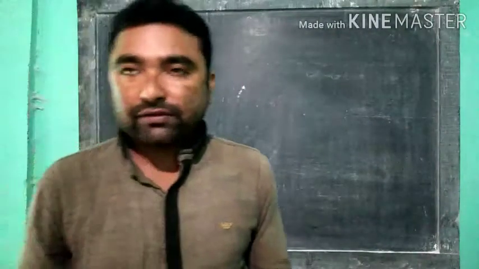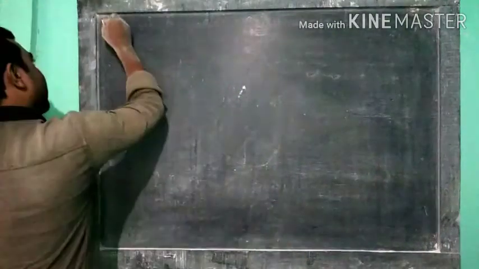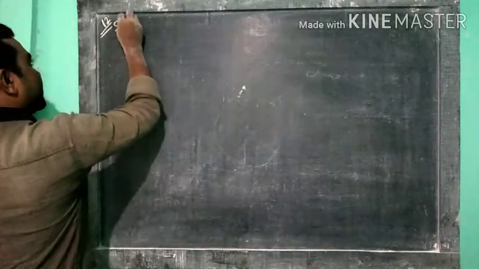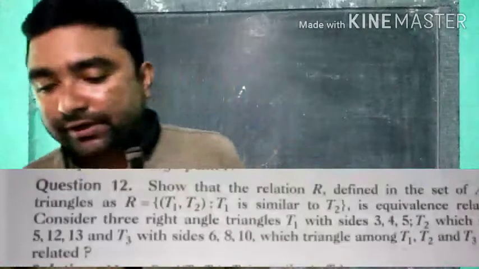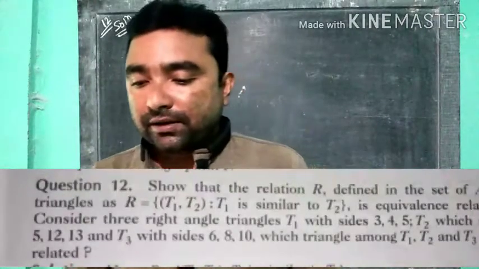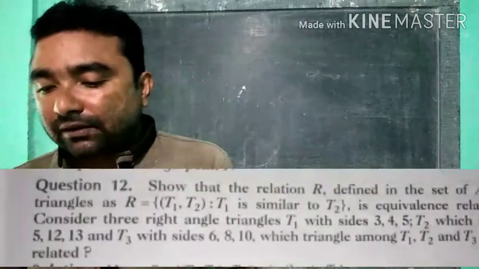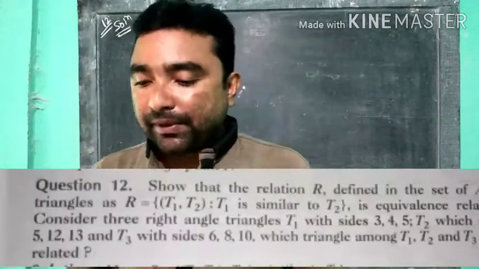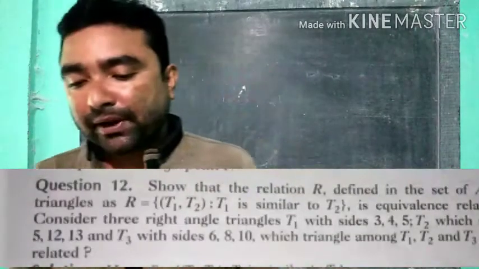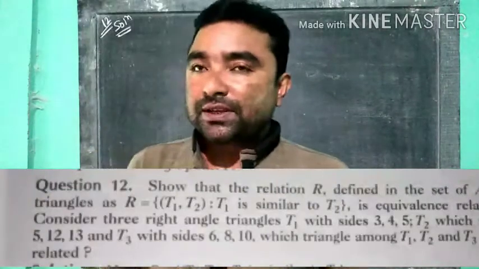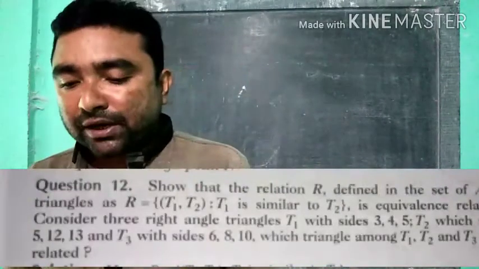We are going to solve question number 12. Question number 12 is: the relation is defined in the set A of all triangles as R equal to (T1, T2) such that T1 is similar to T2.